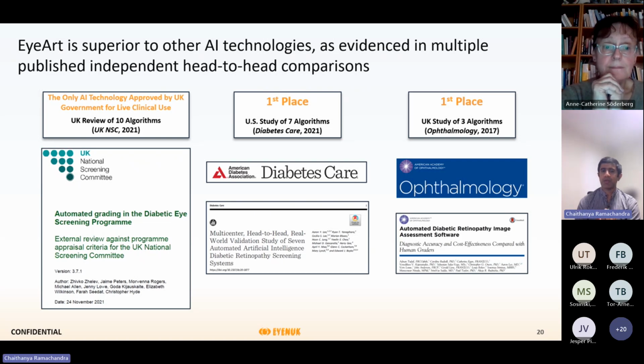We ended up being on top in the US Veterans Affairs study that was done in 2021, and also on top in the UK NHS study that was done in 2017. Both these studies had over 20,000 patients.